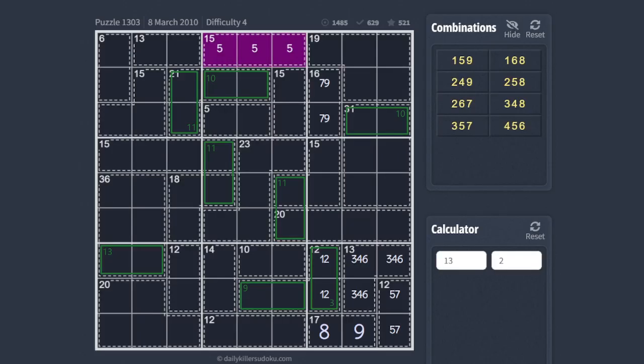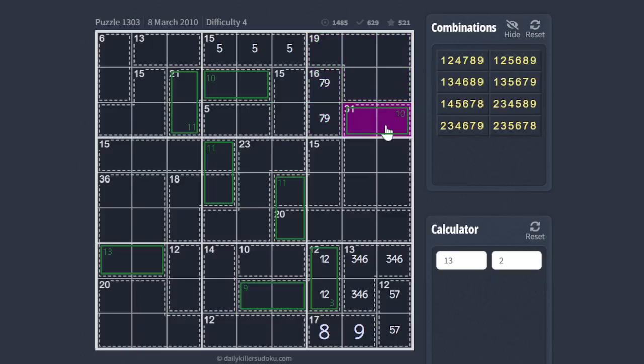All right. Now, the puzzle goes nicely for a while, so we'll keep progressing here. If we have a 5 here, and we have a 5 here, where can we put a 5 in box 3?